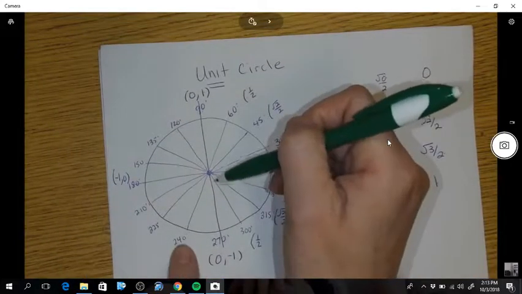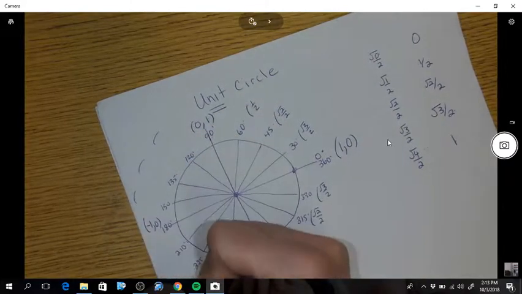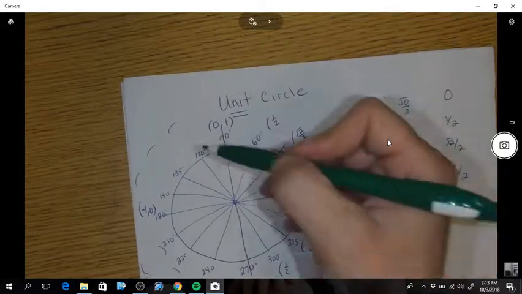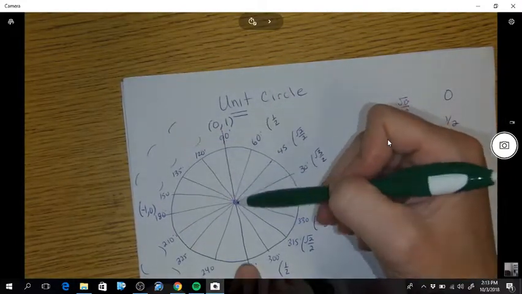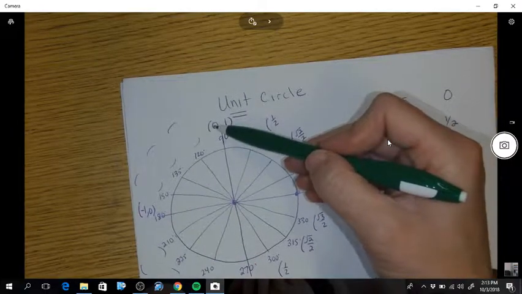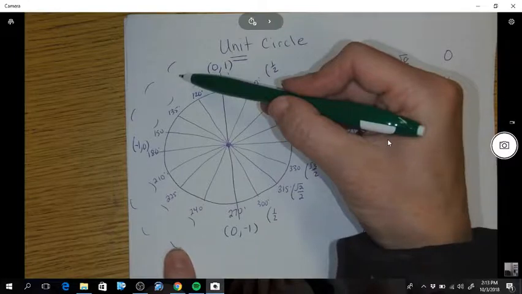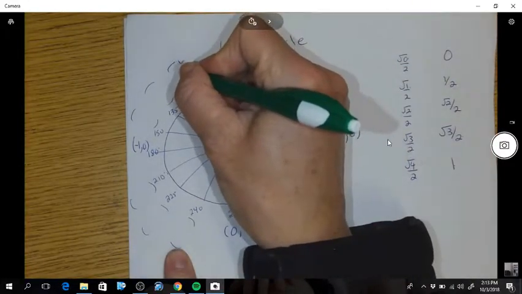Okay, then we're going to go this way. Okay, so moving from here at 0, if I move left, the first x coordinate would be -1/2 because I'm moving left.